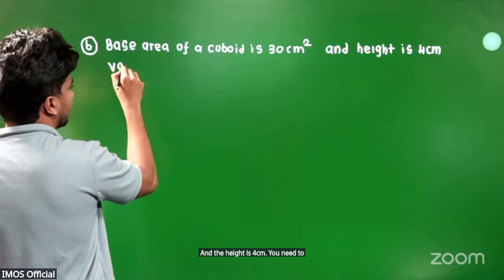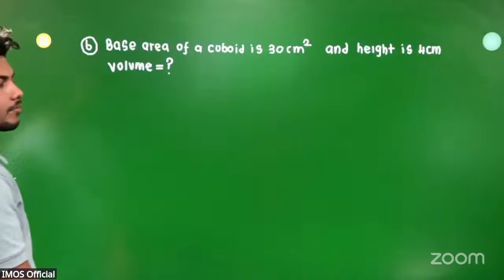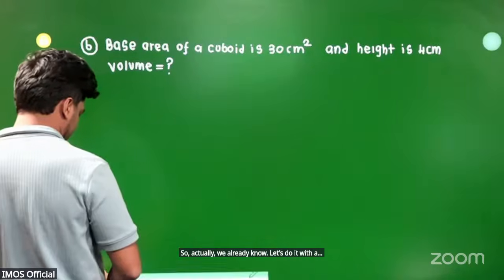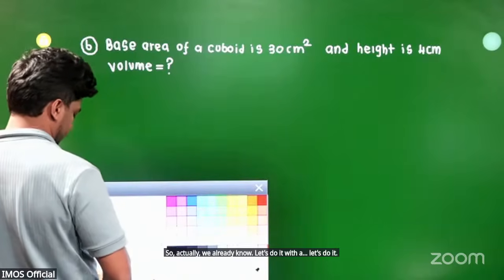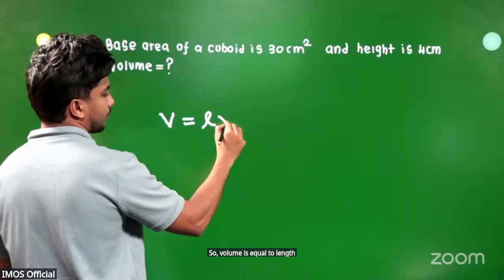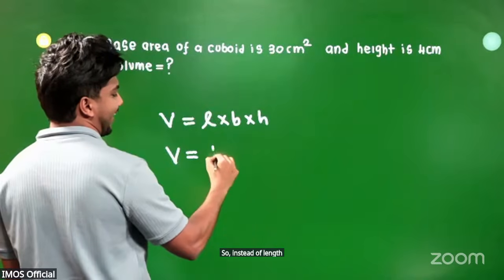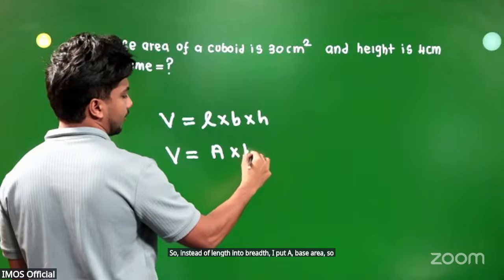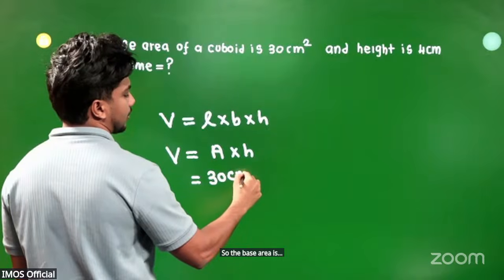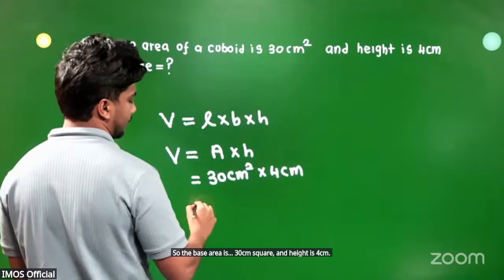You need to find the volume. So actually, we already know this. Let's do it. Volume is equal to length into breadth into height. So instead of length into breadth, I put A, the base area. So volume is base area into height. The base area is 30 centimeters square and the height is 4 centimeters. So find the answer.